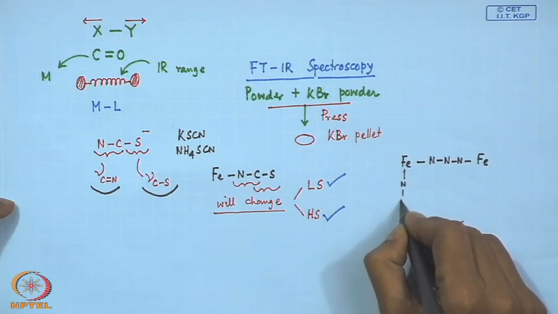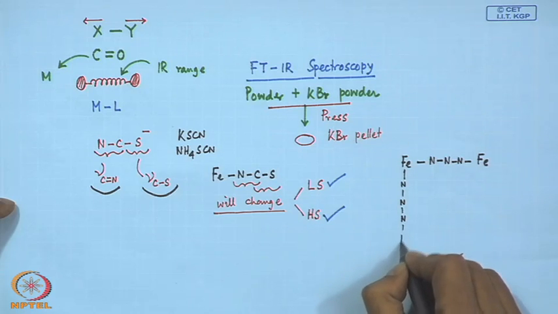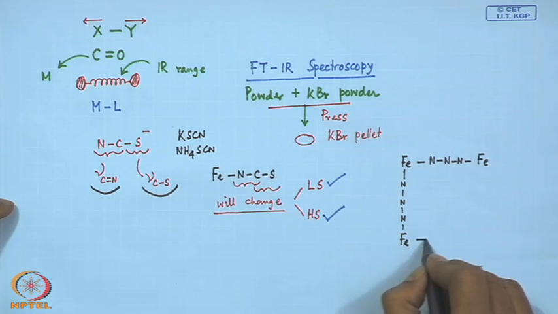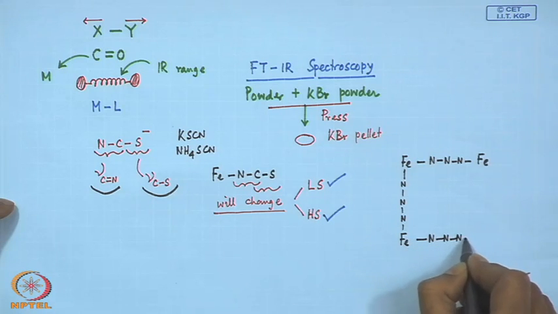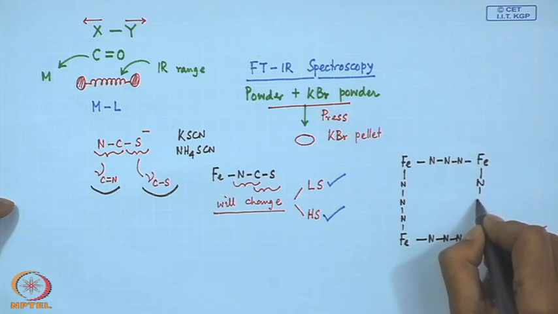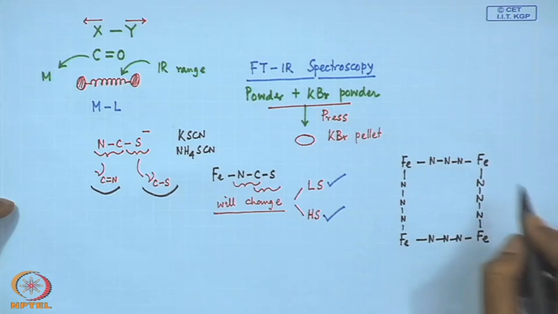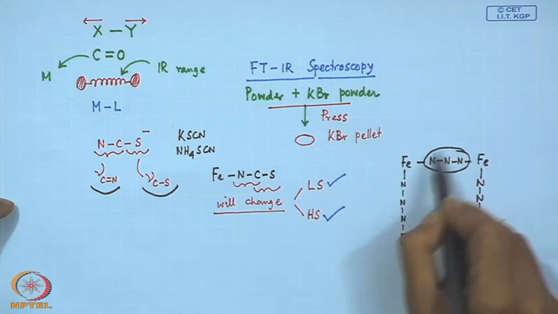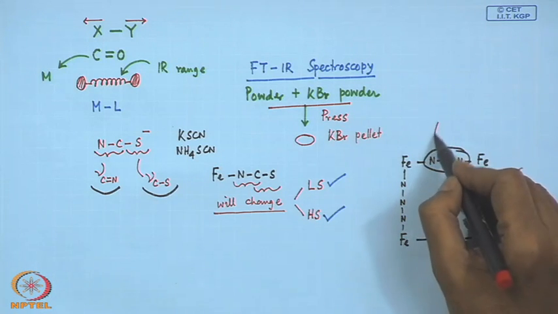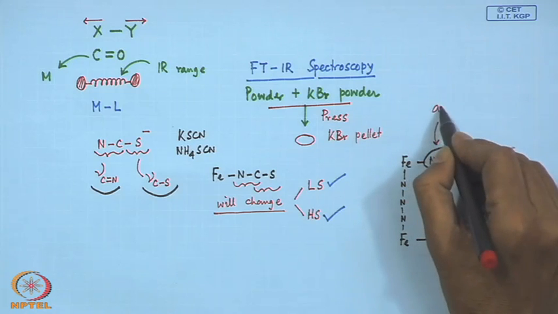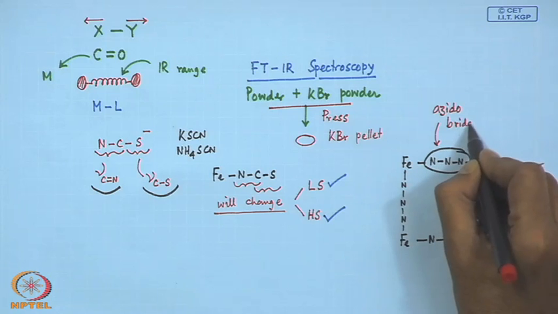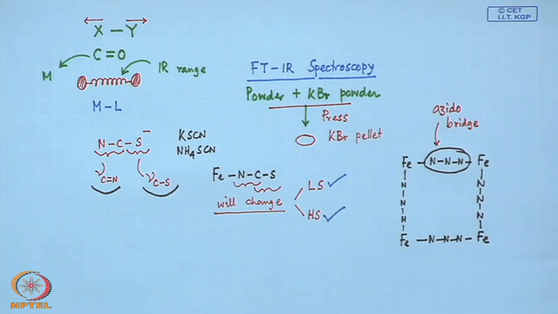Similarly, on the other axis, if we have the second iron, and on the other corner we have the fourth iron, this will also be connected by another azide group. So, this N3 unit is known as the azido bridge.